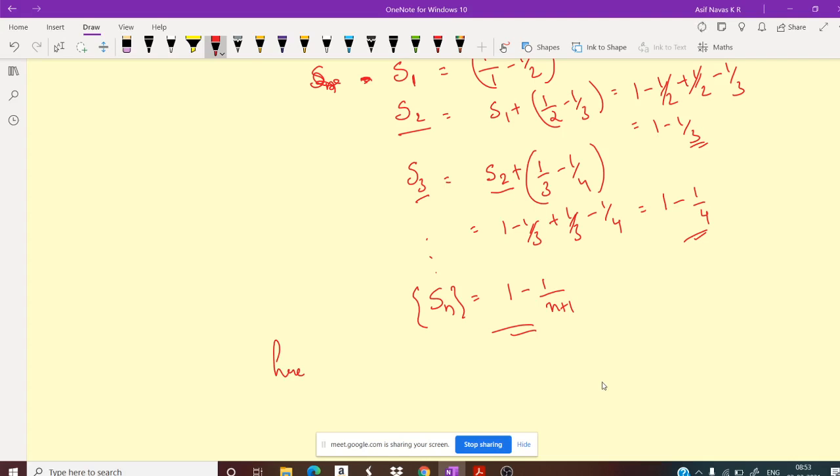Now, what is the sum of the series? The series converges if and only if the sequence of partial sums converges, right? Therefore, you find the limit of Sn.